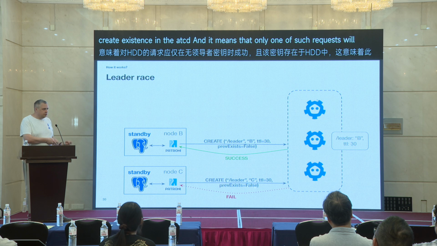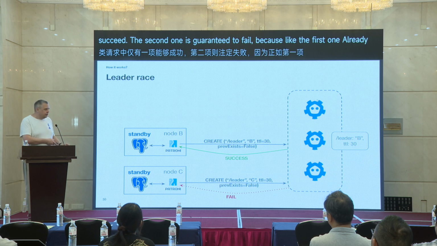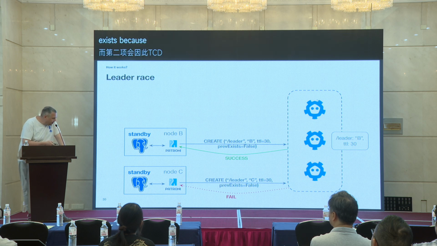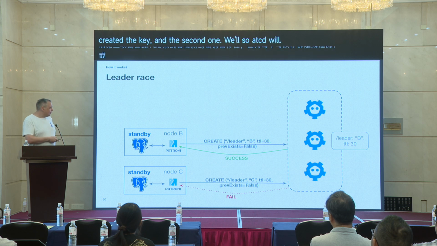The second one is guaranteed to fail, because the first one already created the key, so etcd will notice the key already exists, because every write is linearizable, and fail.